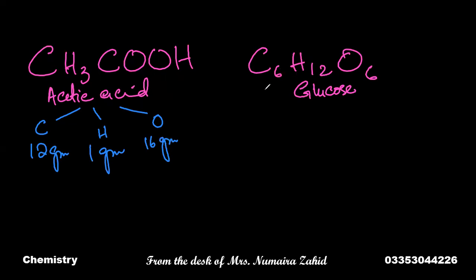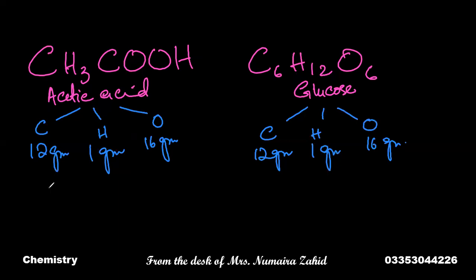Similarly, here also, because it is again an organic substance, it contains carbon, hydrogen, and oxygen. So carbon is 12 grams, hydrogen 1 gram, and oxygen is 16 grams. In order to find out the molar mass of acetic acid, we will use its formula, CH3COO. We can write carbon. How many carbon atoms are here? 2. How many hydrogen atoms? We will add these 3 and this 1, so hydrogen into 4.